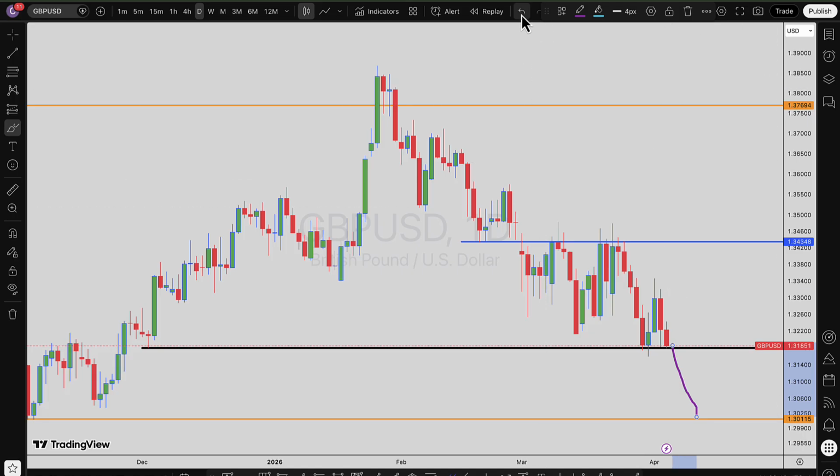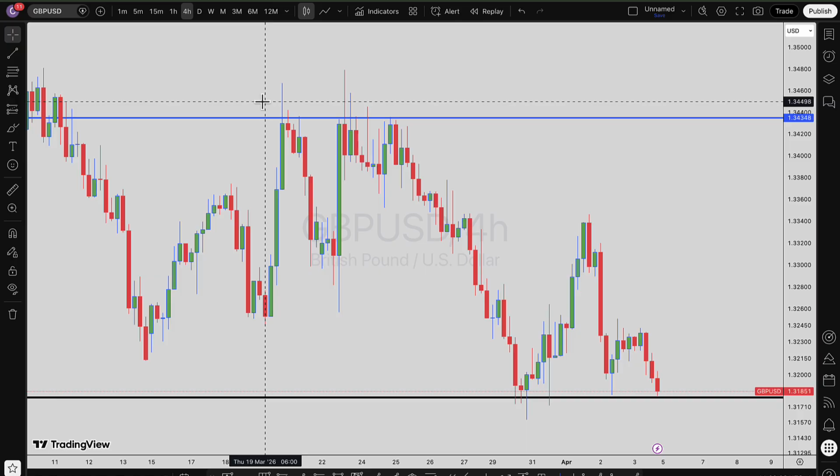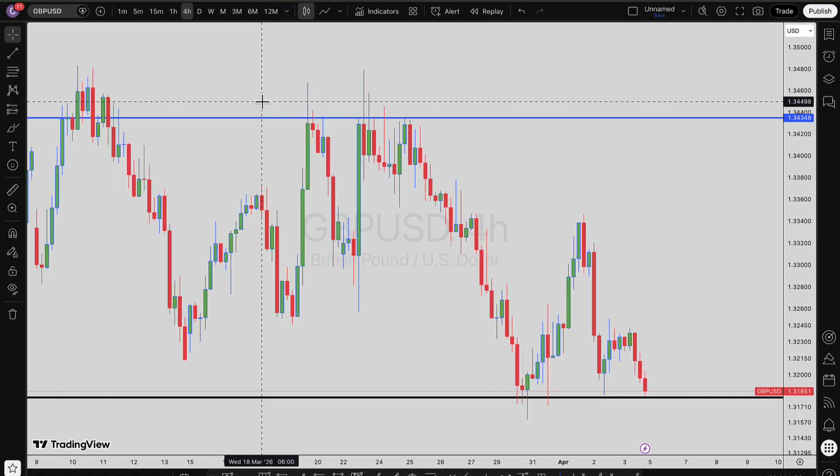So next week we need to pay attention to patiently wait and study what price has to do at this demand structure.